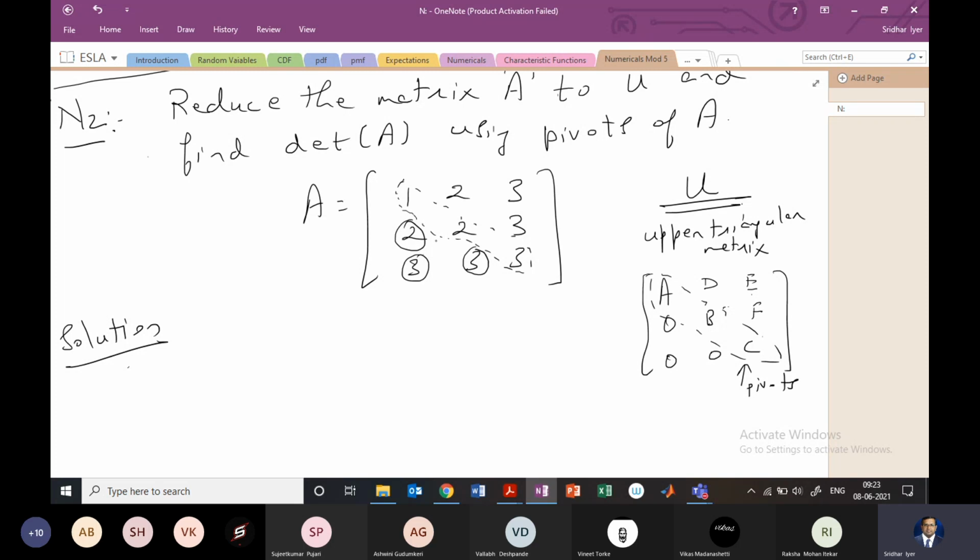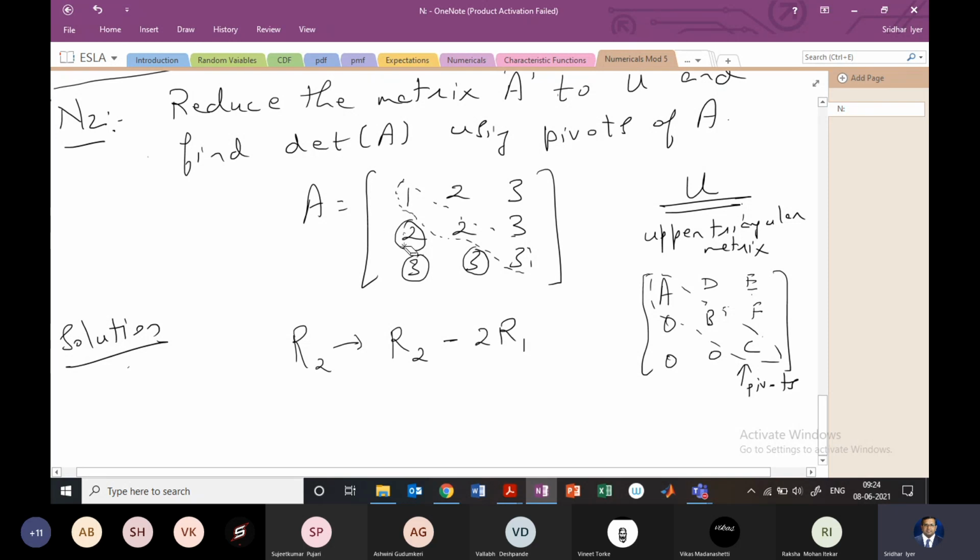Also, I had specified that we mostly use only row operations, not column operations. So always try to use row operations. Now we need to convert this into an upper triangular matrix, right? So we can do two operations, and we denote the operations like this. I can take row R2 and convert this as R2 minus 2R1, right?